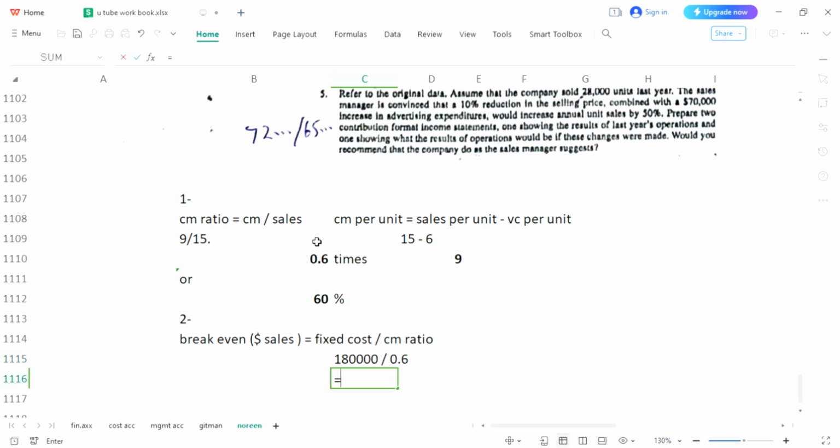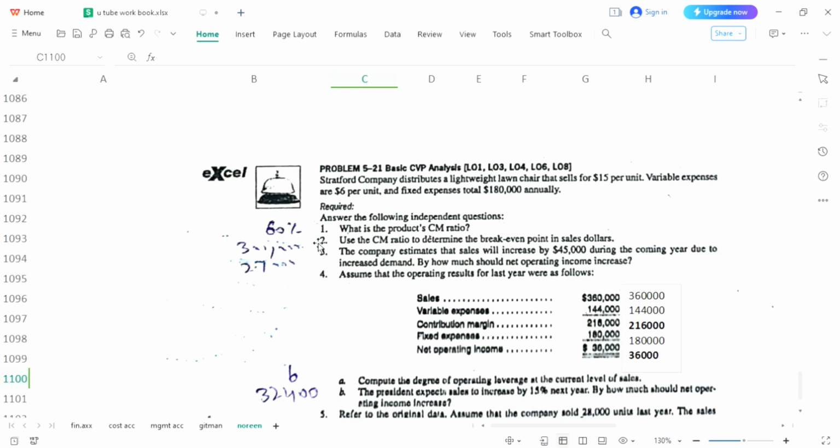Now 180,000 divided by 0.6. So we have got our break-even sales, and you can see that break-even sales of 300,000 is mentioned for the second point. So two points we have clarified, and next is the third.